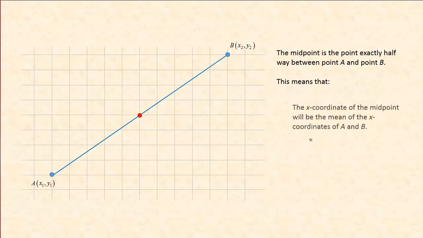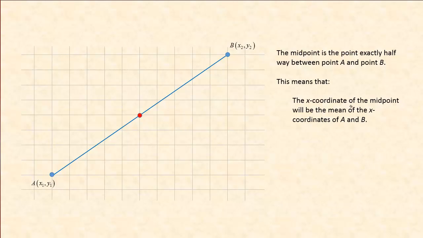This means that the x-coordinate of the midpoint will be the mean of the x-coordinate of A and B. So let's just examine that for a moment. Let's suppose that we have 3 and we have 7. How do we work out the midpoint?